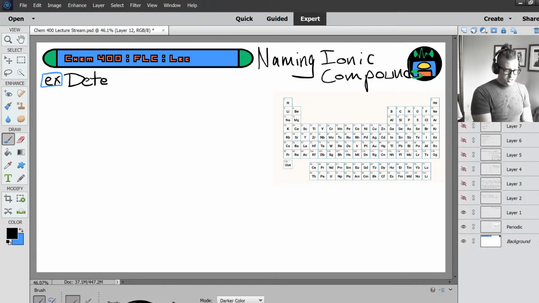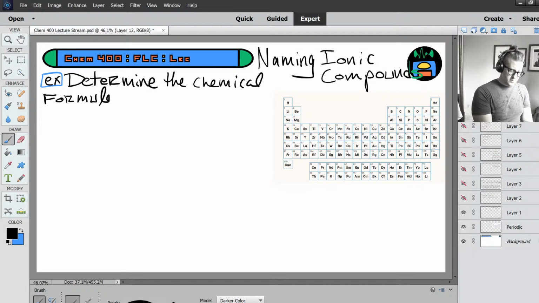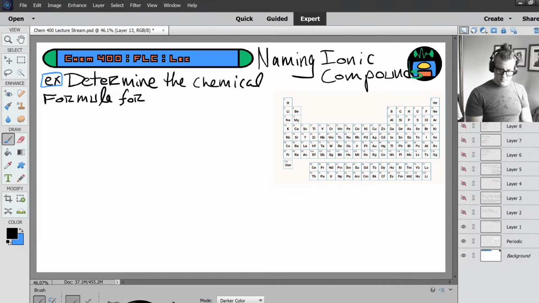So again, we are going to determine the chemical formula for, let's do another one, tin 4 oxide.